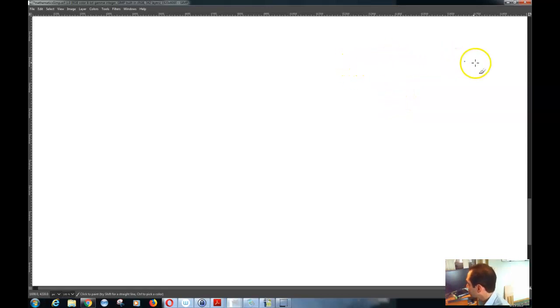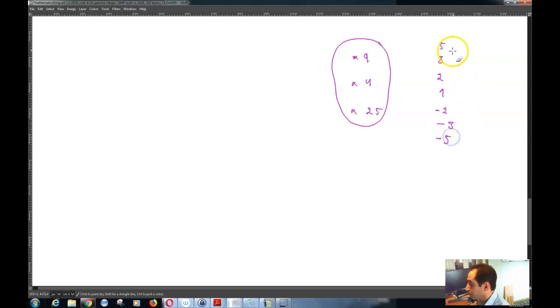I don't want to give you all the details, but the arrow notation was: 9, 4, and 25 over here, and these elements were mapped to 5, 3, 2, 1, negative 2, negative 3, and negative 5.